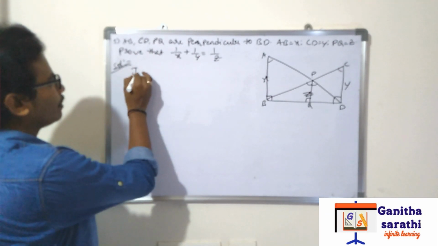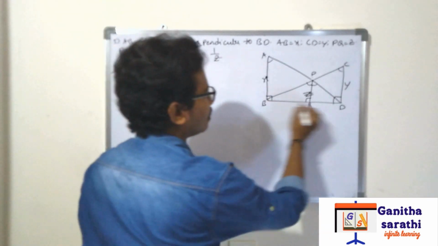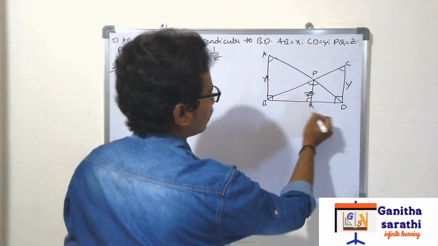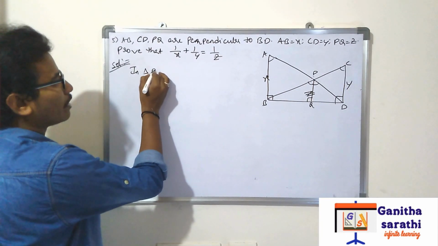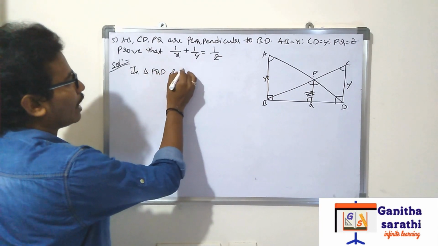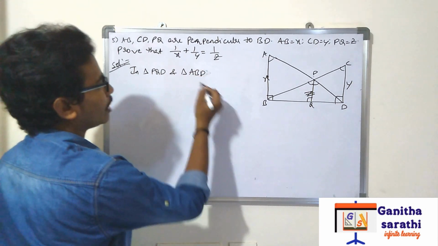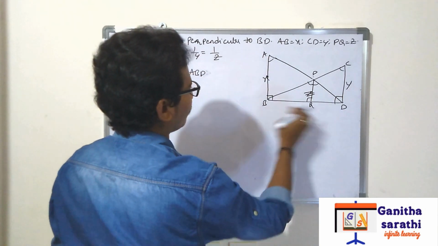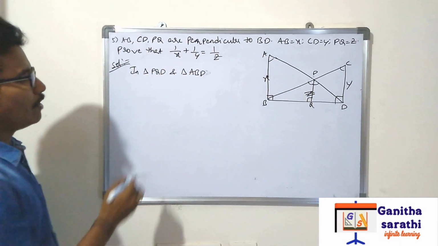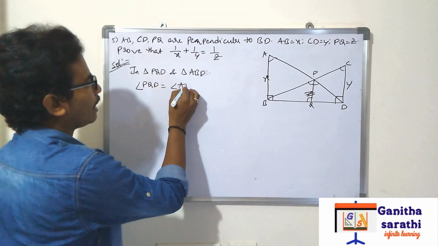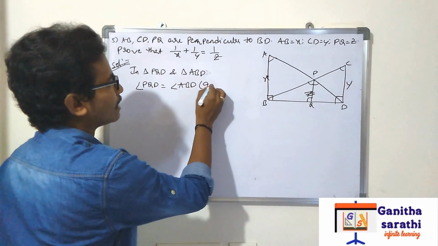Now from the figure I am taking two triangles. First, in this place you see triangle ABD and triangle PQD. Take the small triangle PQD and triangle ABD. We know that angle PQD is equal to angle ABD, right? This is 90 degrees.